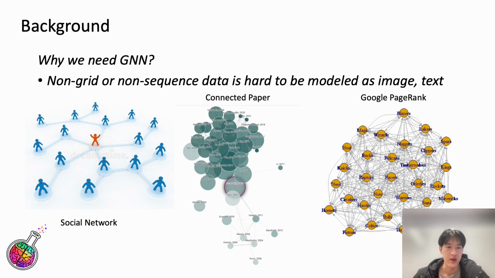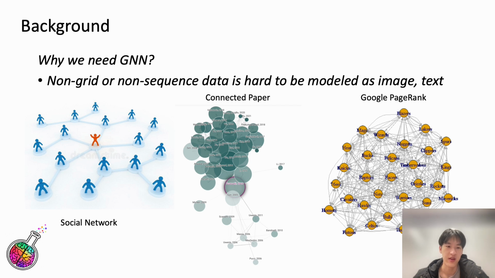So why do we need the graph neural network? There is so much data that cannot be modeled as image or text, because as we know, image is a kind of grid-structured data and text is a kind of sequence-structured data. But as we discussed above, these three kinds of data cannot be modeled easily by image and text because they are non-grid or non-sequence.